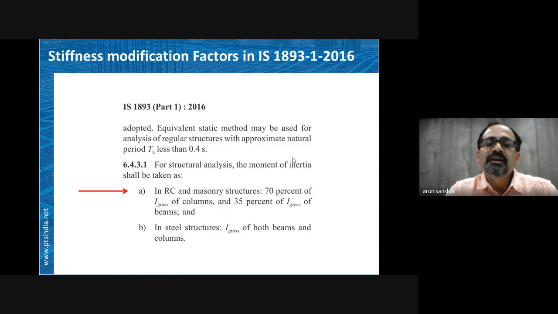So for columns, they have approved up to 70% of the I gross, but in case of beams, it is half of that, meaning 35% of I gross is to be considered in case of RC beams. So once the design is carried out with this consideration, you will get a good amount of reinforcement required in case of such criteria.